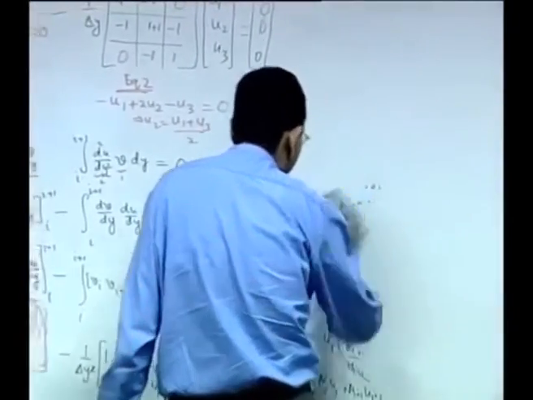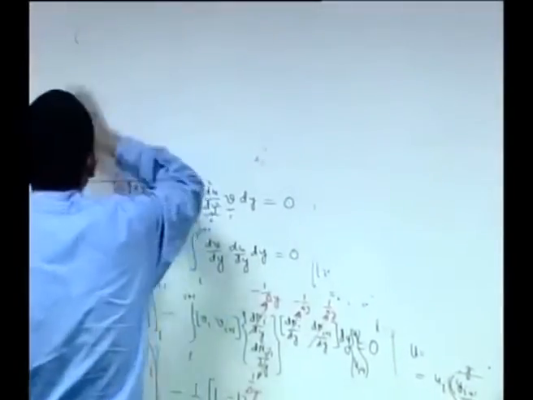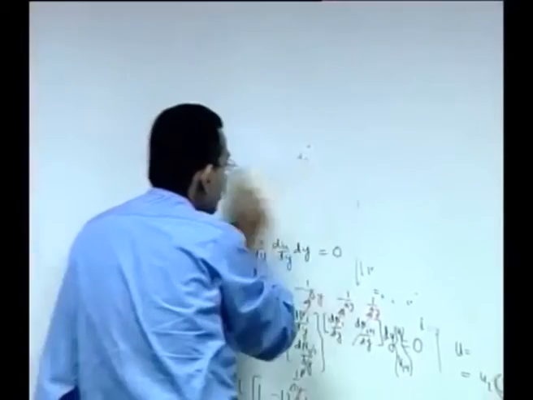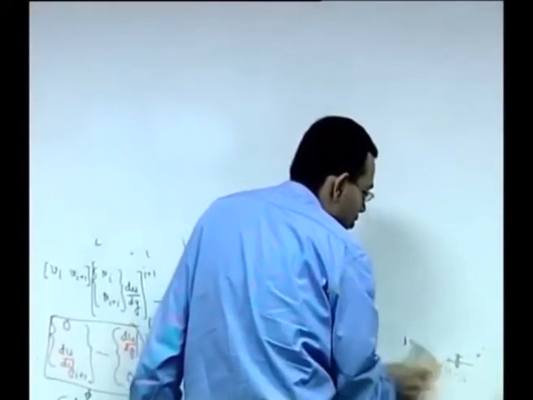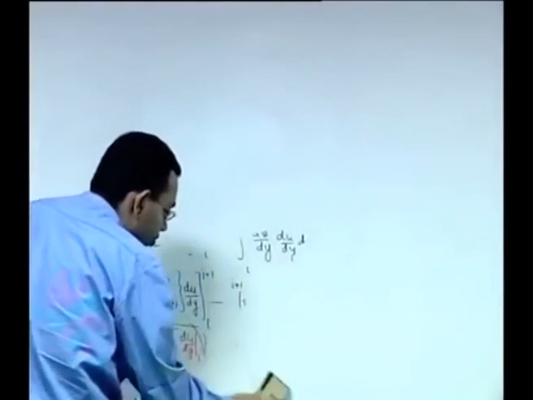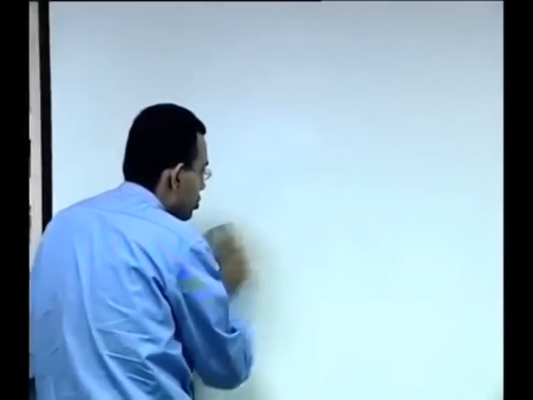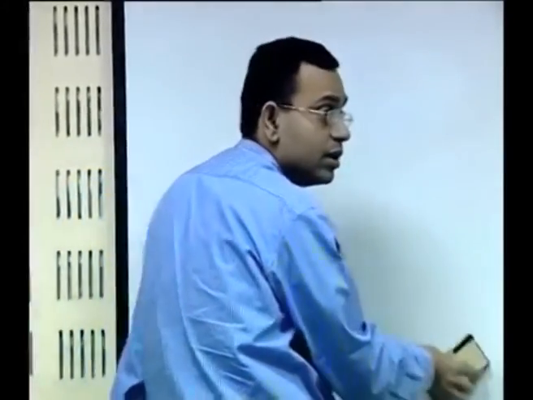Now, so far we have discussed one dimensional problems, but in reality we know that problems are 2 dimensional or in the most general case 3 dimensional. Therefore, we need to graduate slowly from 1 dimensional to 2 dimensional or maybe possibly 3 dimensional.